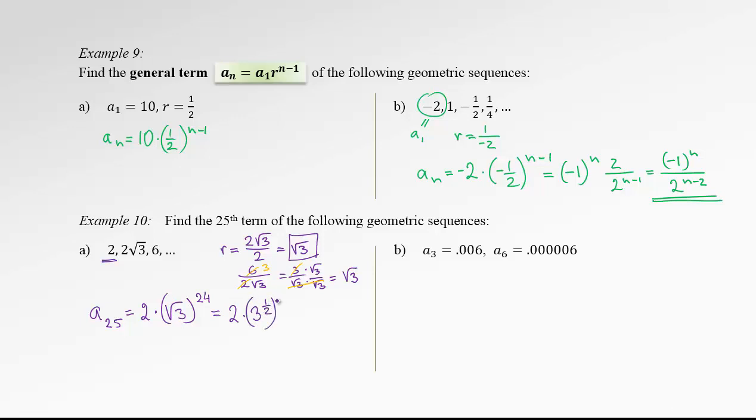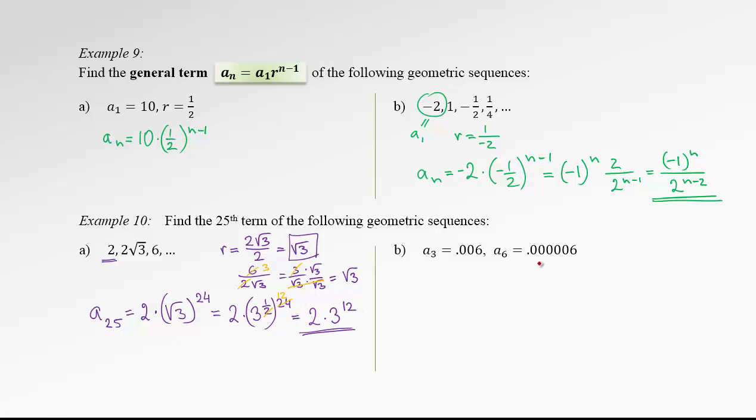Then it's raised to the 24. So as we see, the 2 can be reduced with 24, leaving us with the exponent 12. Therefore, a simpler form of this 25th term is 2 times 3 to the 12. And we don't need to evaluate this. This is a really large number, so let's stay with the factored form like this.